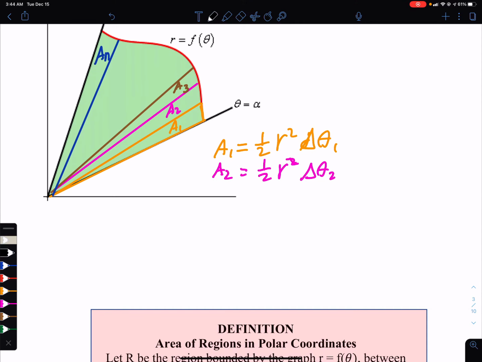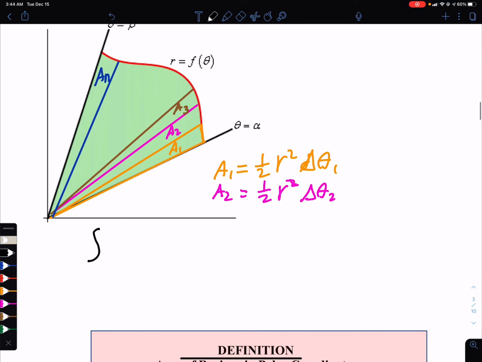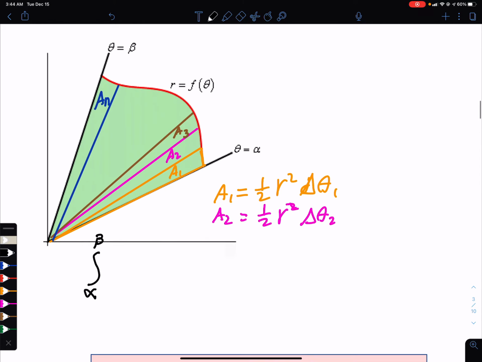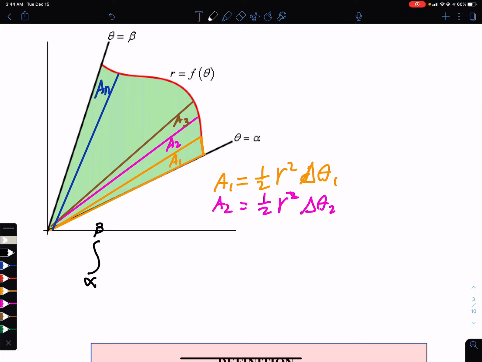But we can add those up, and we add it up using a process called integration. And we start at our angle alpha, we end at beta, and we're going to add up. Now remember, as the number of these little sectors goes to infinity, then the error becomes 0. And when it goes to infinity, our delta theta becomes d theta.